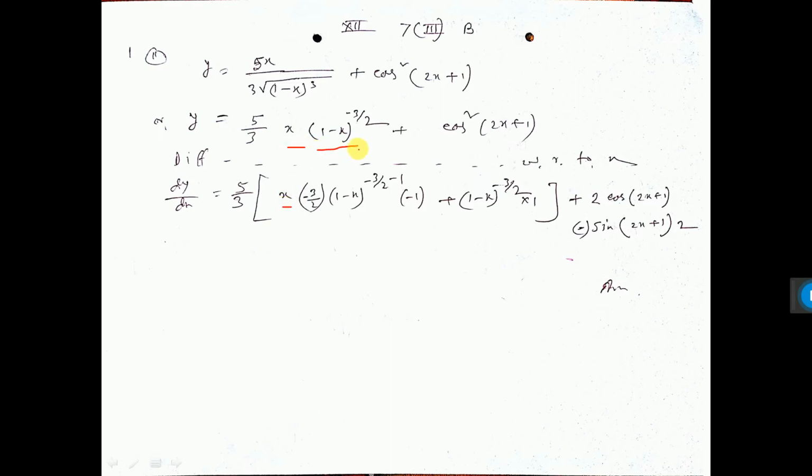So u into d/dx of this. So d/dx of this means x to the power n formula apply, n into, that is 3 by 2 into x to the power n minus 1, that is 1 minus x to the power n minus 1. This is n minus 1.